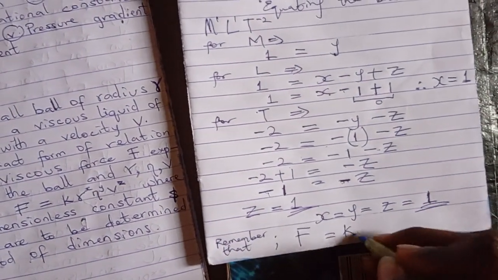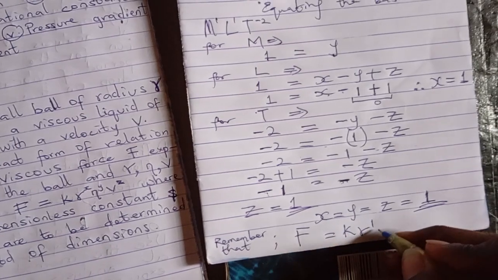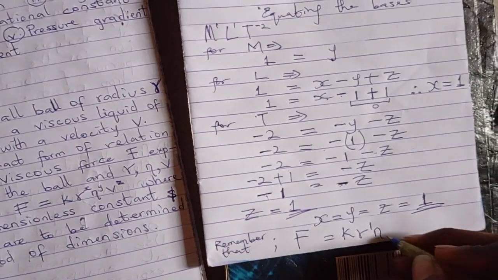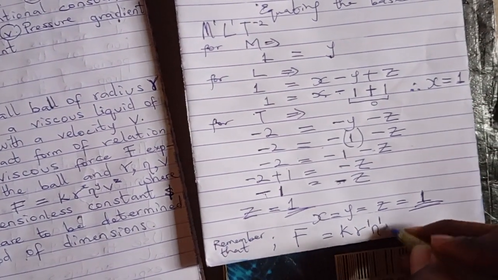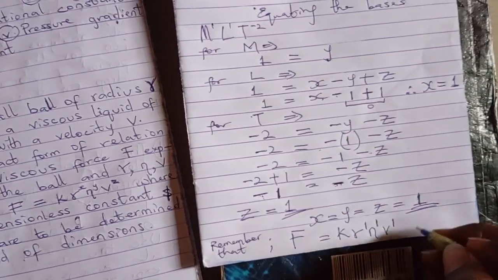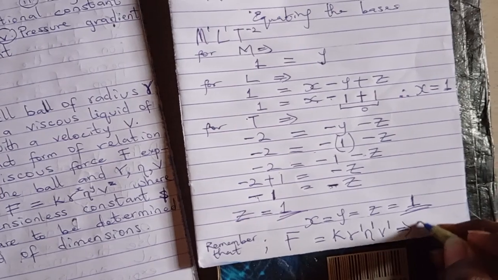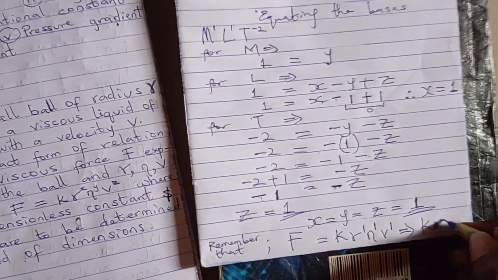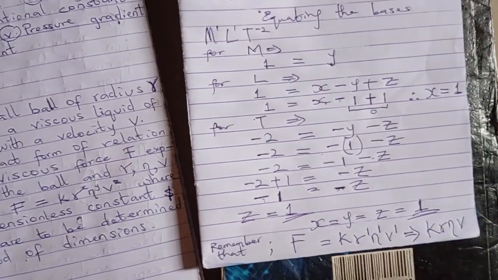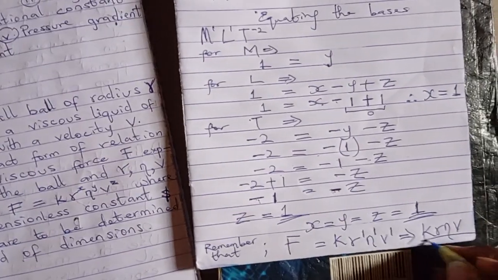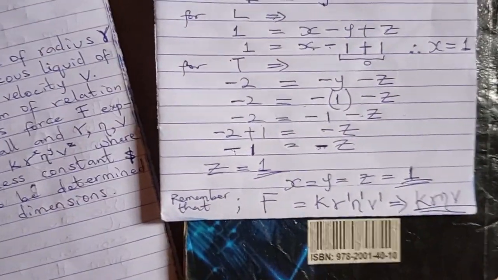So this becomes k r, x is 1, y is 1, z is 1. So anything raised to power 1 is itself, which means that F is equal to k r. Very simple. This is our final answer.